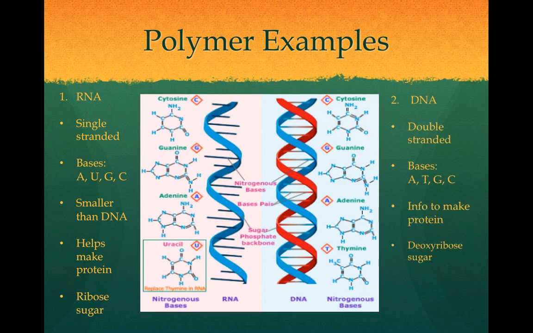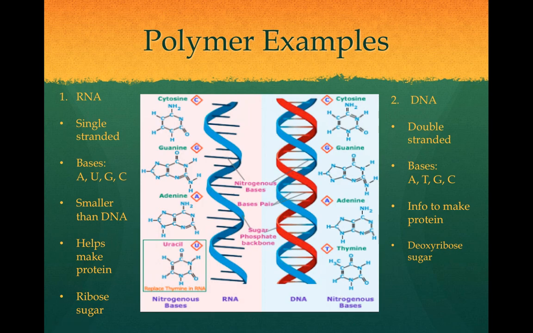When we get to the DNA side, it is double-stranded. Notice it has 2 strands. On my screen, one's depicted in red, one's depicted in blue, just so you can see the 2. The bases are A, T, G, and C. A is still adenine, G is still guanine, C is still cytosine, and T is the only one that is different. It is called thymine, but they still are all nitrogen bases.